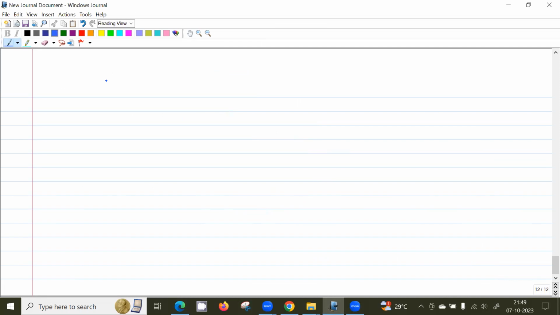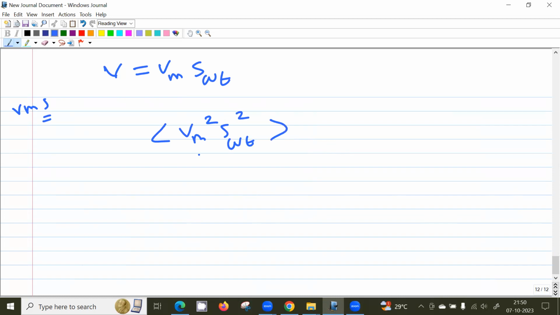I can also take voltage. So V is say Vm sine omega t, and I have to find the RMS value of the voltage. To get that, first I have to square it, so I get Vm square sine square omega t. Then I have to take the mean, that is the average of this, and then I take the square root.